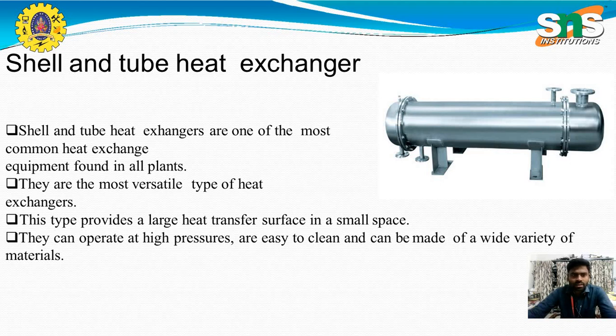So this shell and tube heat exchanger is one kind of double pipe heat exchanger, where the shell is the outer pipe, and in that we have n number of smaller diameter tubes. The difference between the double pipe heat exchanger and the shell and tube heat exchanger is that the double pipe heat exchanger is used when we require a minimum quantity of heat transfer, a small application, whereas the shell and tube heat exchanger is used when larger heat transfer is required.